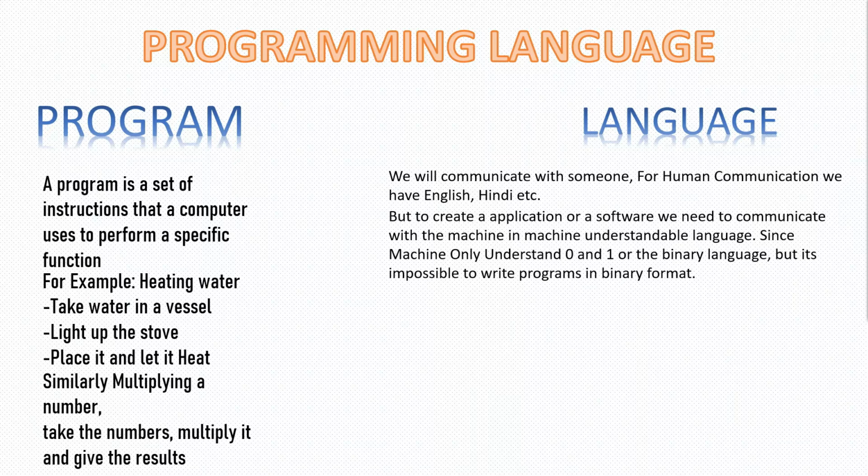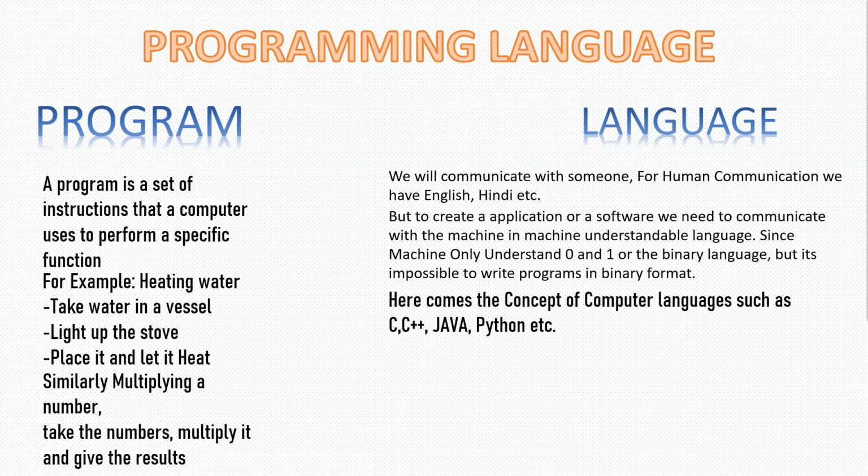So here the role of programming languages comes. The concept of a computer language or programming language, such as C, C++, Java, Python, gives us the opportunity to write a program in a human understandable language, called a high level language, where we use A, B, C, D or different types of words, numbers, strings, integers, etc. The compiler converts it into a machine understandable language, which is read by the CPU.